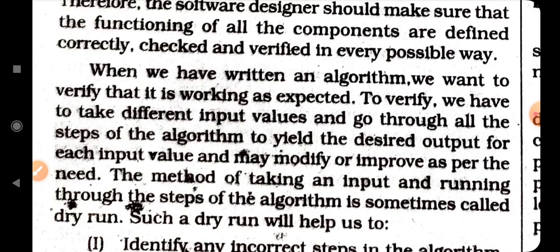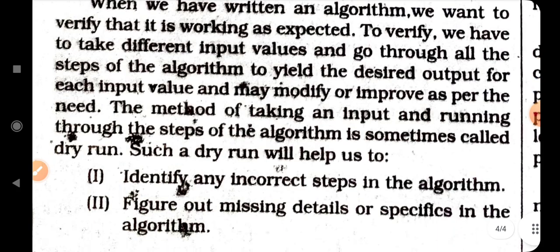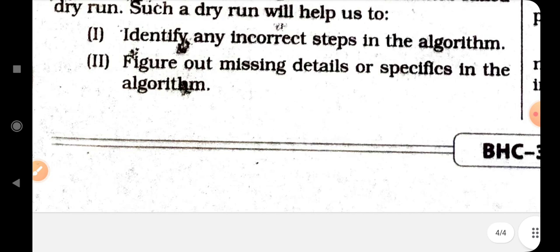The method of taking an input and running through the steps of the algorithm is sometimes called a dry run. Such a dry run will help us to identify any incorrect step in the algorithm. Second, figure out missing details in the algorithm.